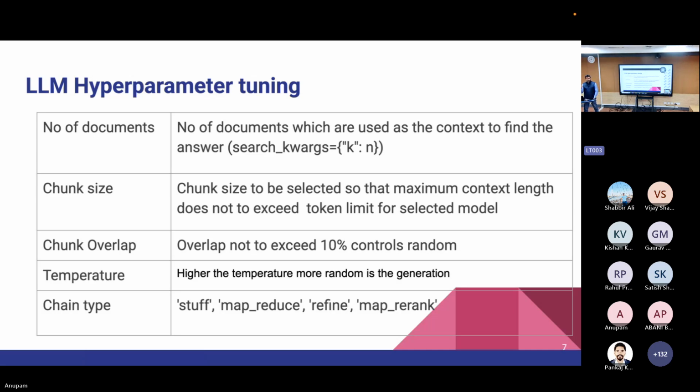Now that top K is governed by the chunk size as well as the context window that the language model provides. So long story short, you need to have chunk size, chunk overlap, and top K. All these three things you fine tune, or do some grid search, while building the RAG pipeline.